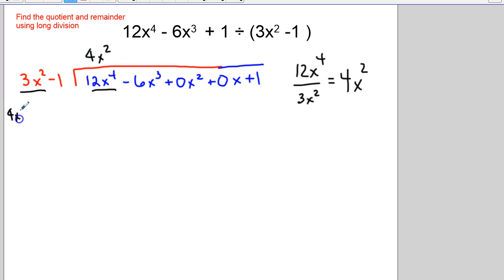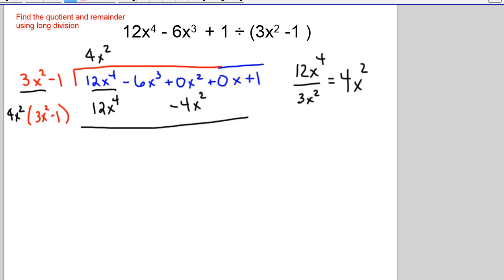So I'm going to take 4x squared, and I need to multiply that by 3x squared minus 1. And I end up getting 12x to the 4th. I don't get an x cubed term. That's okay. But I'm going to write this underneath my x squared term. I should get a minus 4x squared.